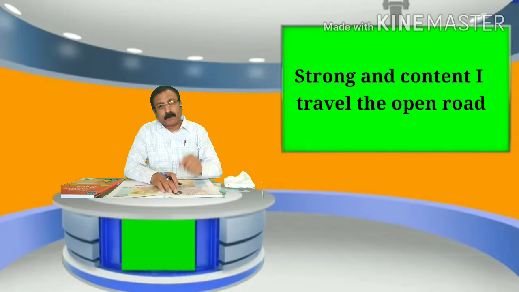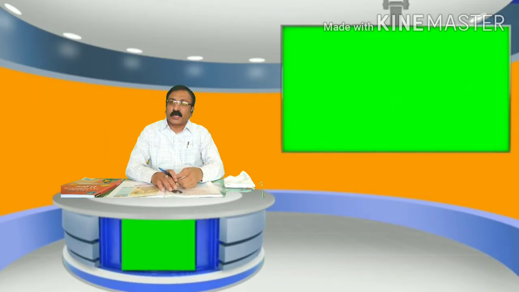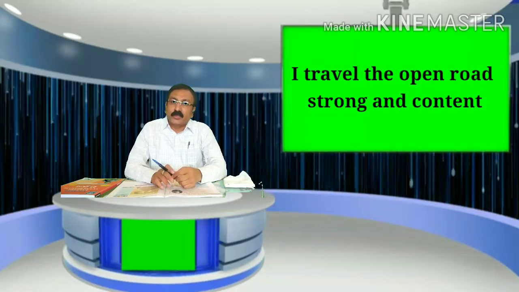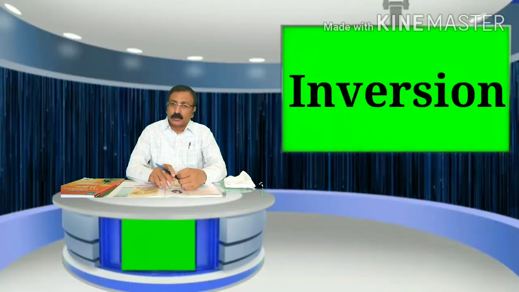Here also the poet has inverted the order of the words in this line. The poet could have written this line in this way: I travel the open road strong and content. But the part strong and content occurs in the beginning of the line, and therefore this line is also an example of the figure of speech inversion.